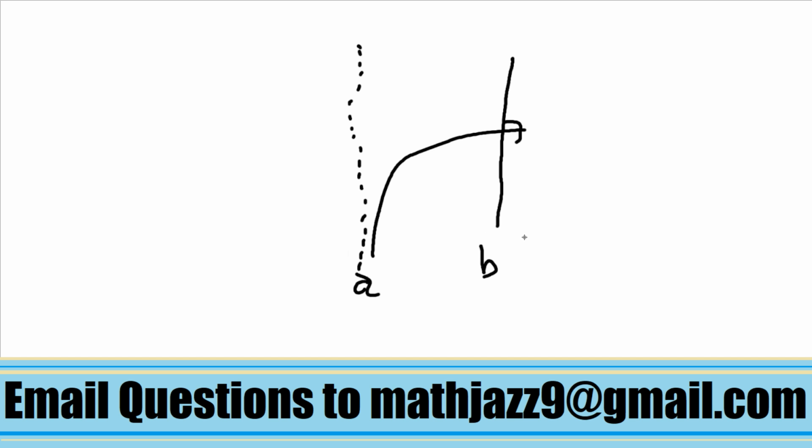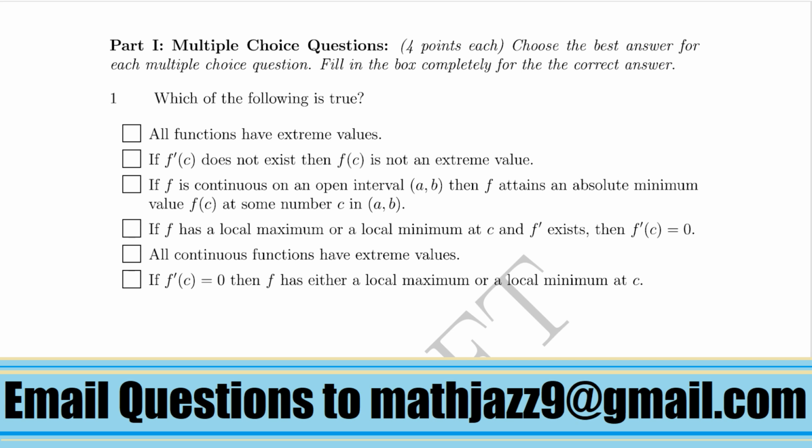A is the asymptote and b is on the other side. This function here is continuous on an open interval. However, it does not have a minimum value because it asymptotically approaches x equals a. So that one is false.